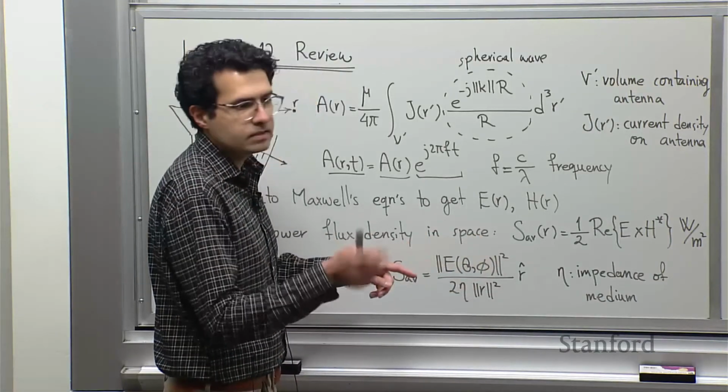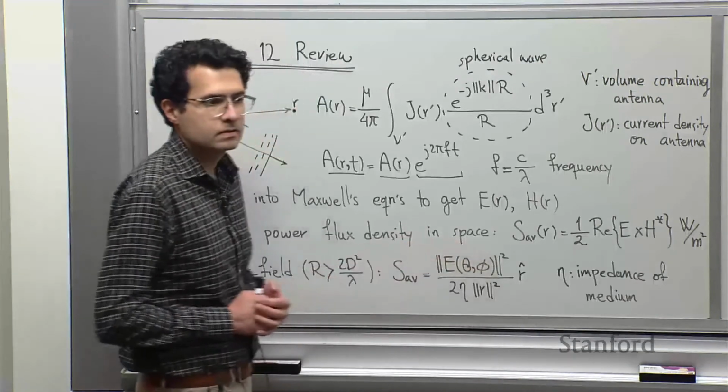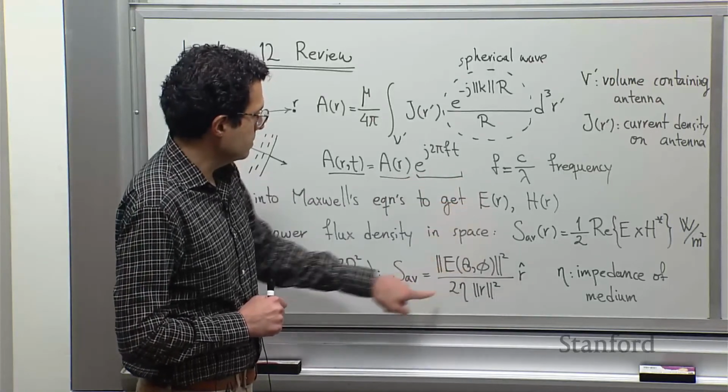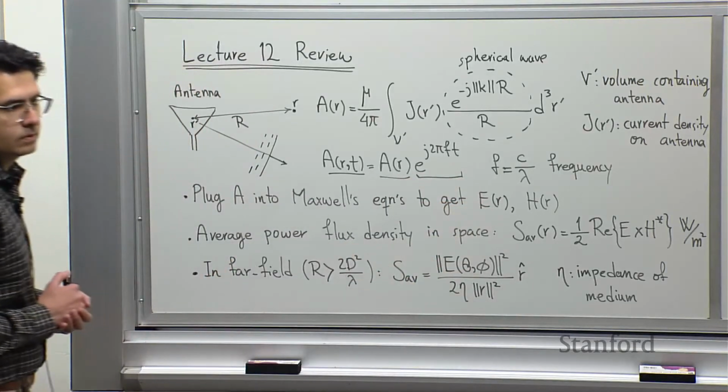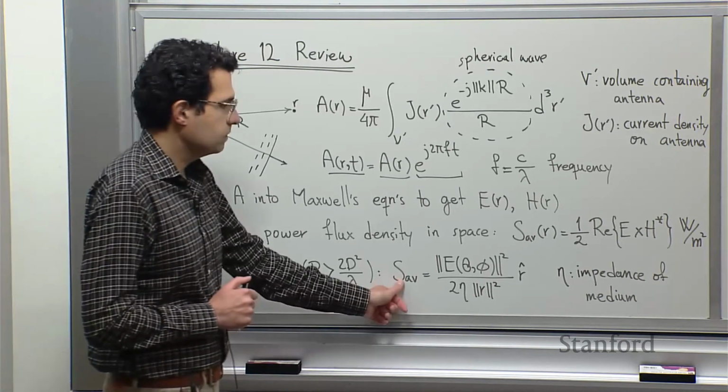The angular dependency is entirely determined by our E field, and our E field we already know because we found it here. So in the far field we can very well approximate our power flux density.